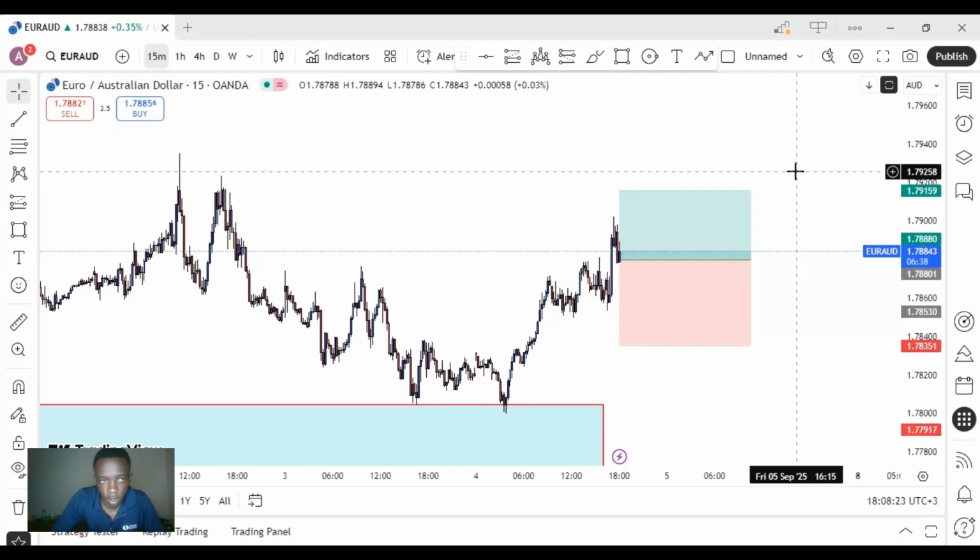I'll be opening up 3 positions on that. In Euro AUD, I'll have my stop loss at 1.78351, then my take profit at 1.79159. So I'll buy.